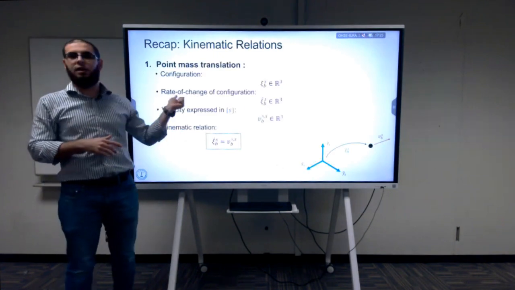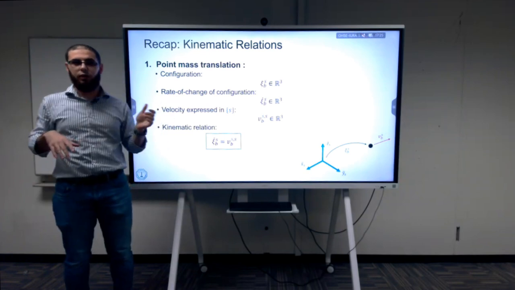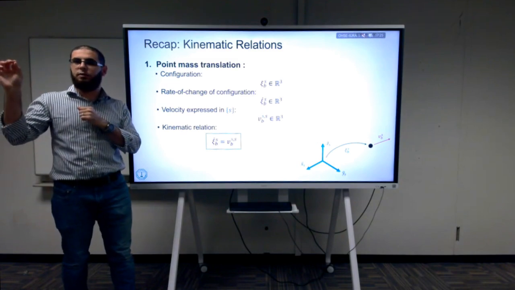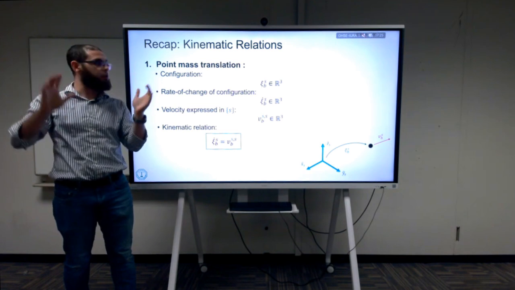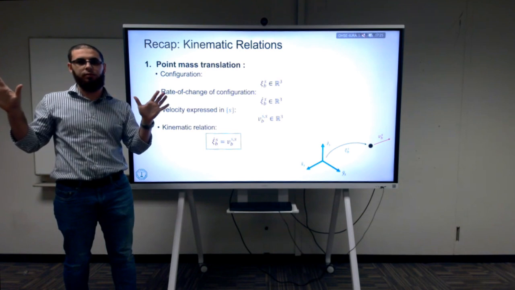This is something we didn't discuss, but should be trivial to you. I just put it here for analogy with what is to come. If I'm talking only about a point mass translating in 3D space, then this point mass doesn't have any orientation. You're familiar with this concept, okay?